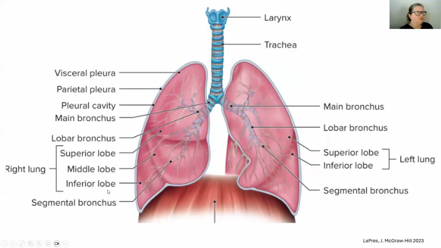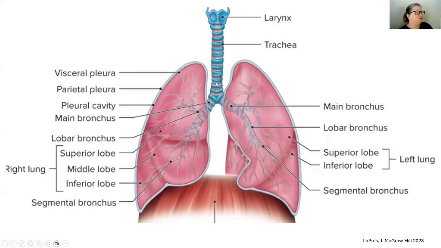Okay, here is the remainder of the system. So kind of the big part, if you want to call it that. So here's your trachea that we were just looking at. And as the trachea goes down, it gets to a point at which it splits. Okay.